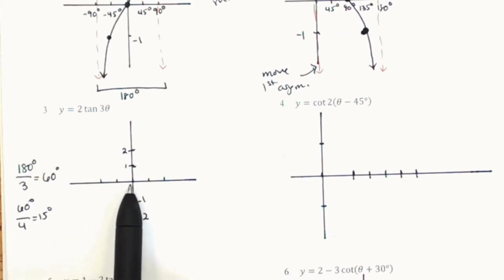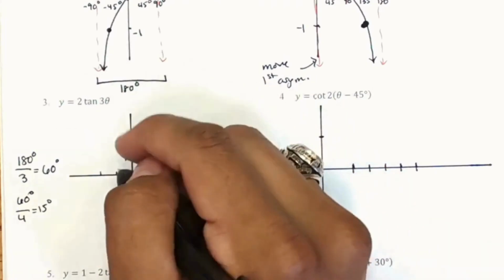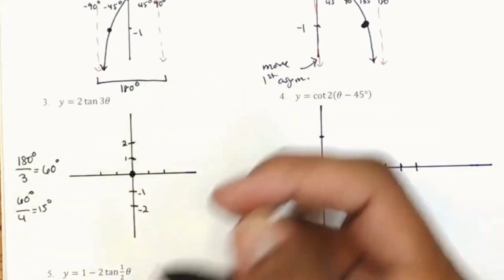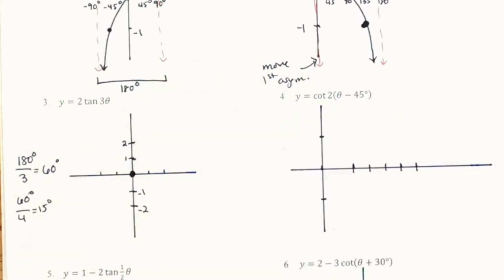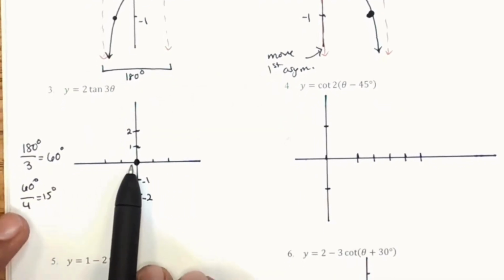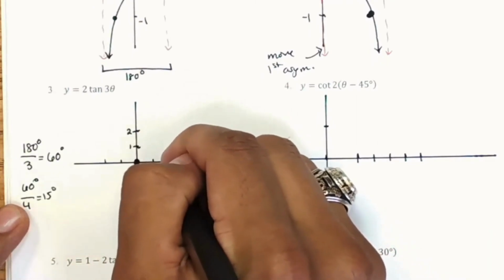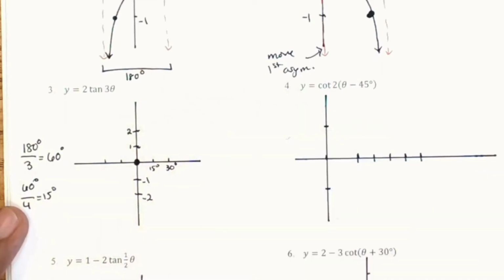So I'm not moving this center point at all. However, it is good to know that that point stays there since we're not moving it left or right. So my origin point stays here. Well, if I'm going in increments of 15 degrees, then this is 15 and this is 30. So notice that I don't put 4 tick marks to the right. Tangent's a different graph.